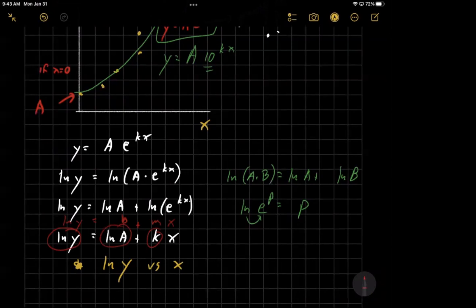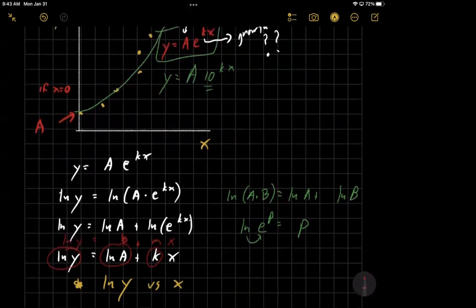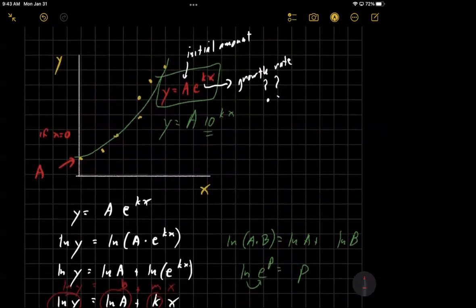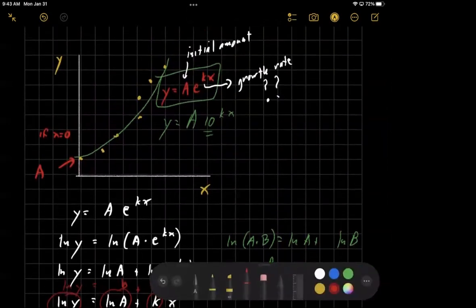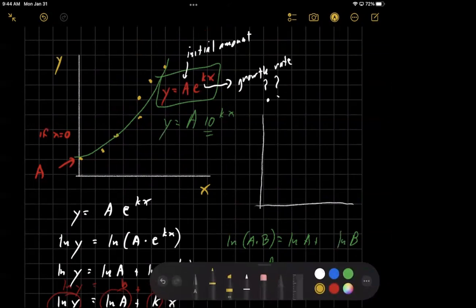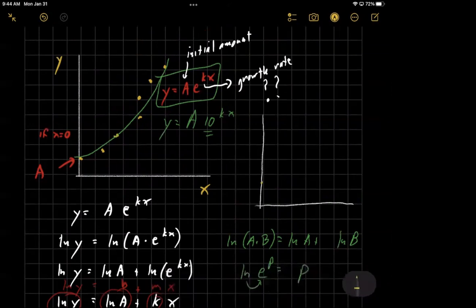So if instead of plotting the data y versus x, we turned around and took that exponential growth and plotted the data as ln of y versus x instead, we would end up seeing data that looks more like that, where this is ln of y and this is x.